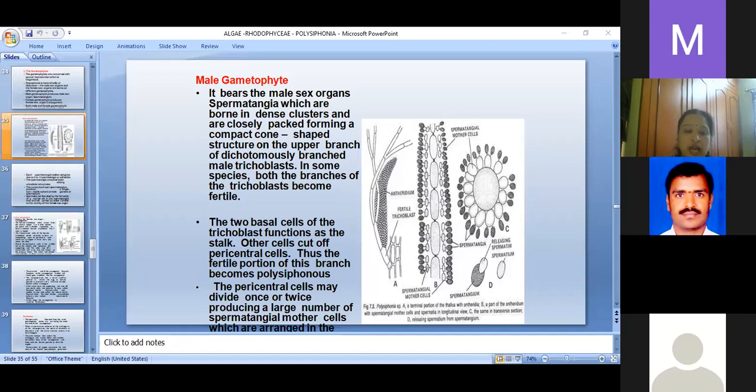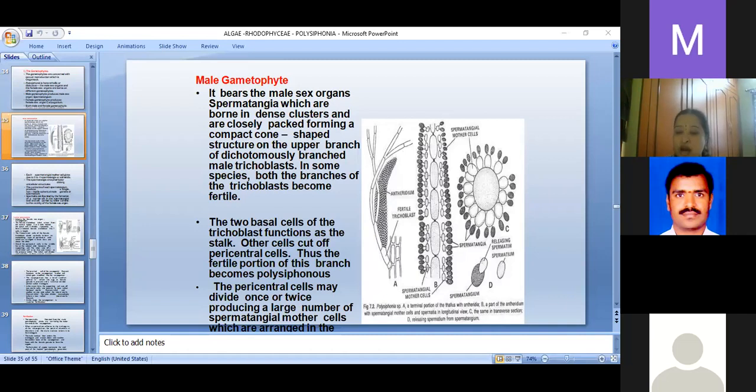The reproduction is a highly advanced type of oogamous. The male reproductive structure is the spermatia, and the female reproductive structure is called the carpogonia. They are borne on small branches called trichoblasts. Spermatia develop in the spermatangium and the egg develops in the carpogonium.